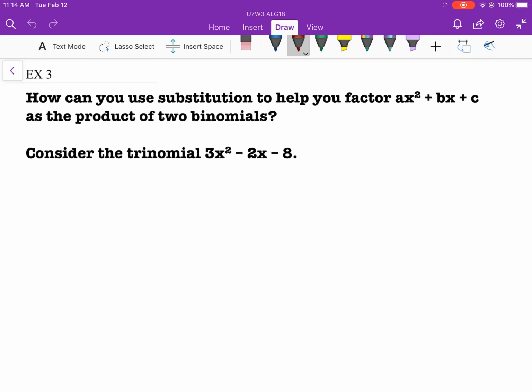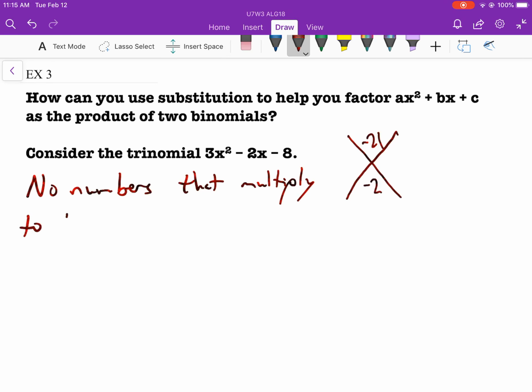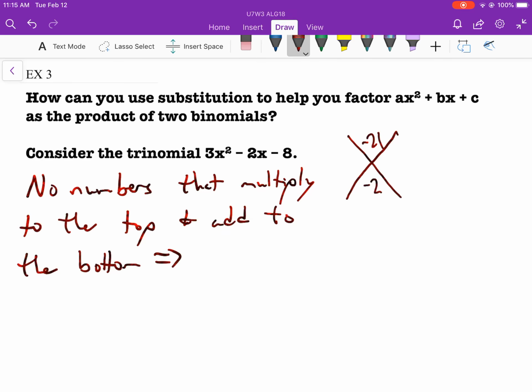Because when this is negative 21 and this is negative 2, there are no numbers that multiply to the top and add to the bottom, that is also prime. Done.